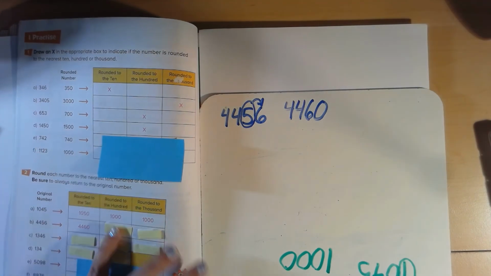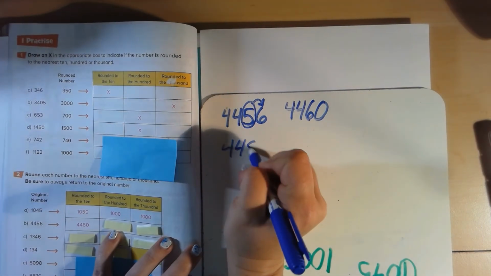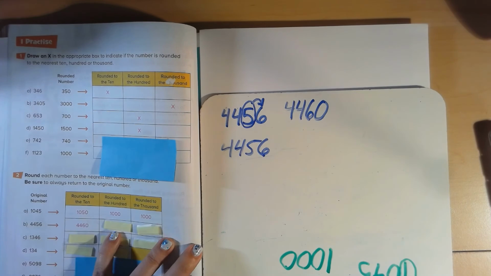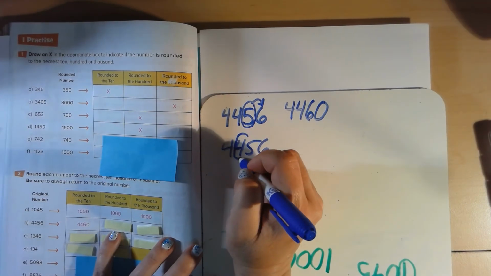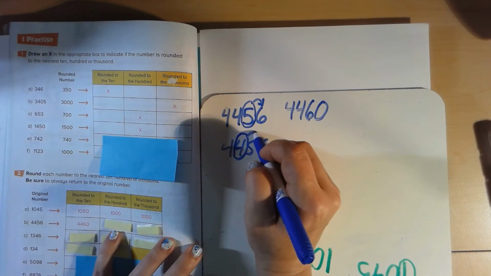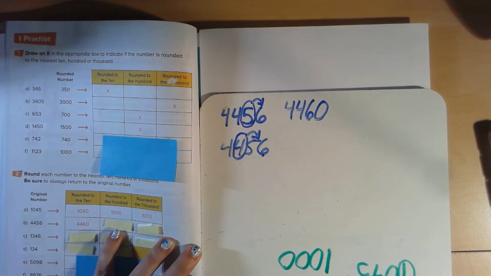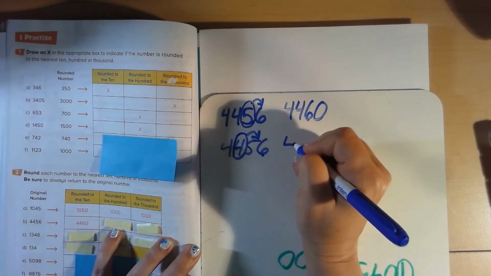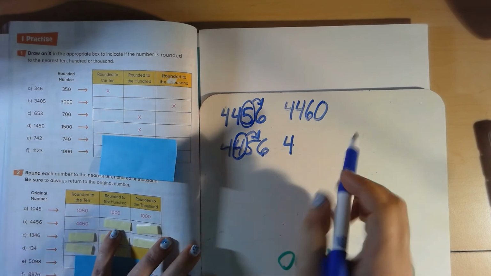How about to the nearest 100? Let's take 4,456. Circle our hundreds position. It's a 4. We look to our right. The 5 tells me, you gotta round that 4 up. So I take my thousands position, and that always stays the same.